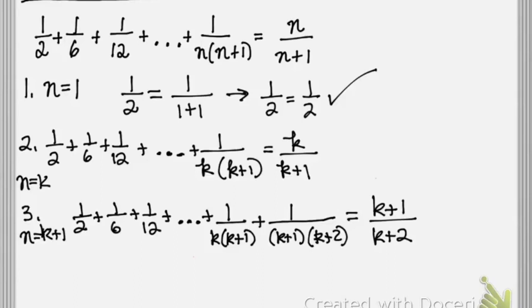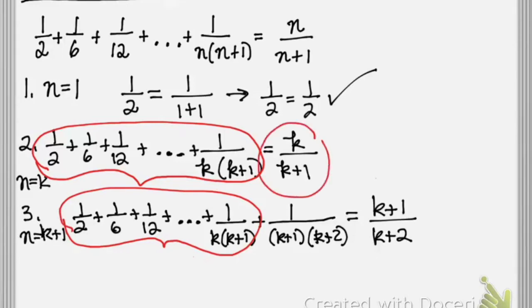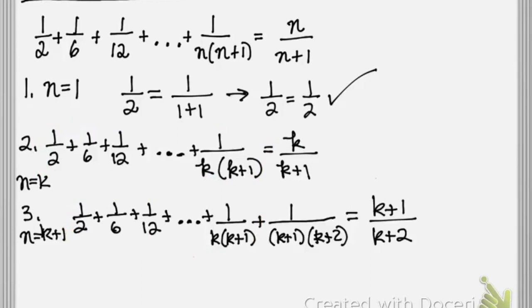And then the method, especially in these series types of problems, always involves recognizing that this piece here is in this piece here. So I have a match there, and because I have that match, I can make this substitution. You see that? That series up to 1 over k times k plus 1 is replicated, so I can make the substitution k over k plus 1. And this will always be the case in this type of series.